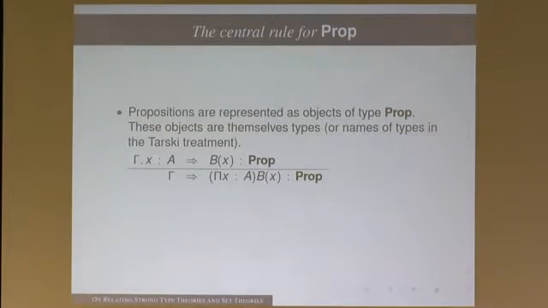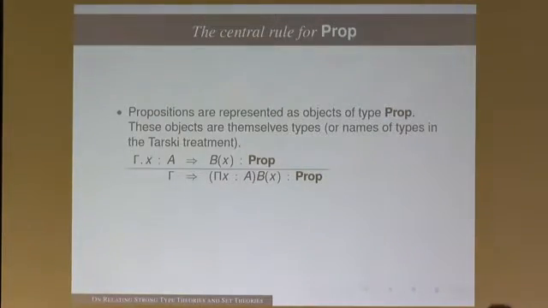If you can show that for each x in a type A, B of x is an element of Prop, then you conclude that the dependent product type Πx:A. B(x) is also in Prop.